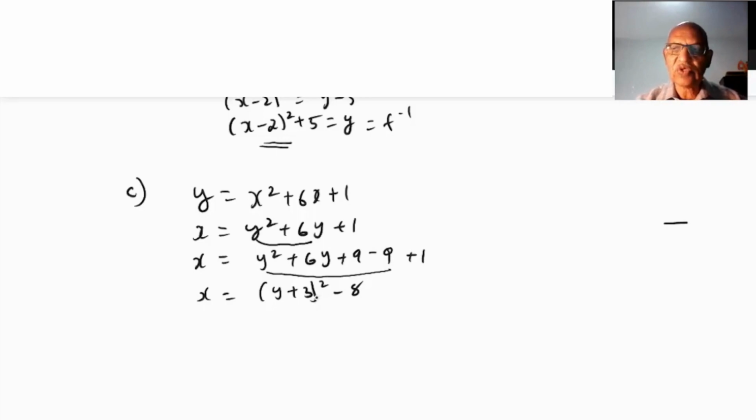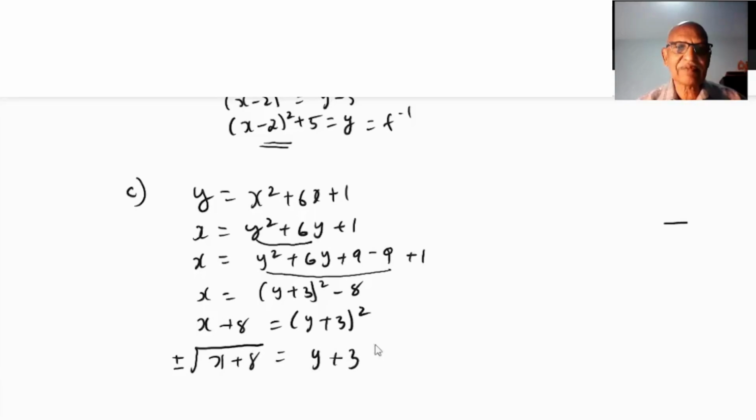Okay, so now to isolate the y, I have to bring the 8 to the other side. x plus 8 equals y plus 3 squared. And then y plus 3 will be the square root, plus minus, I always write plus minus. x plus 8 equals y plus 3.